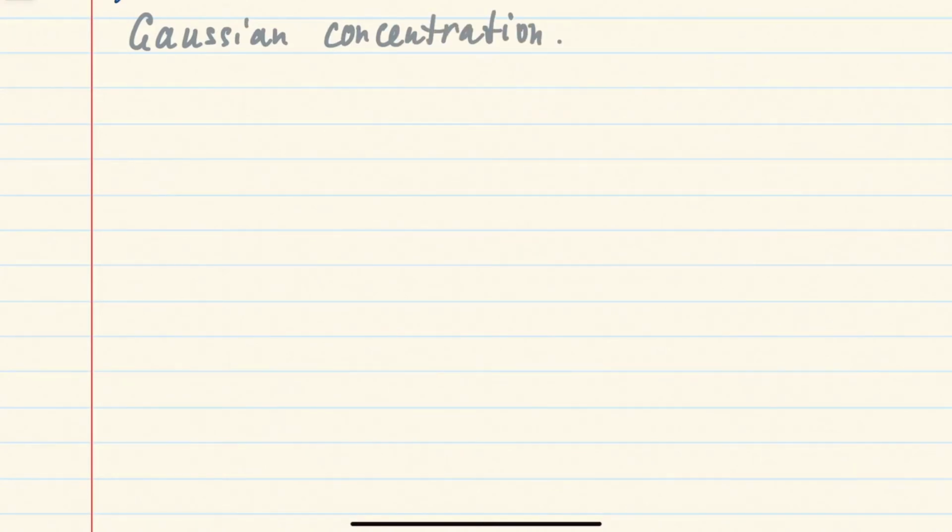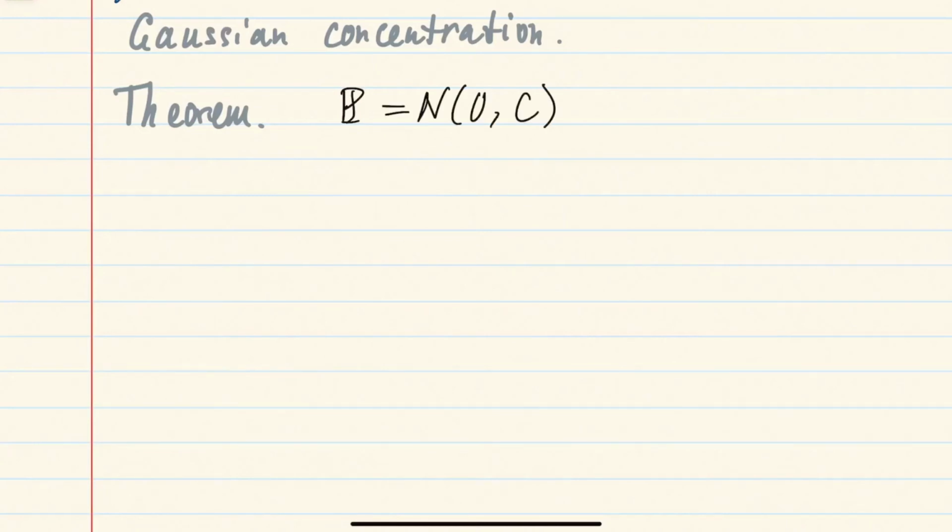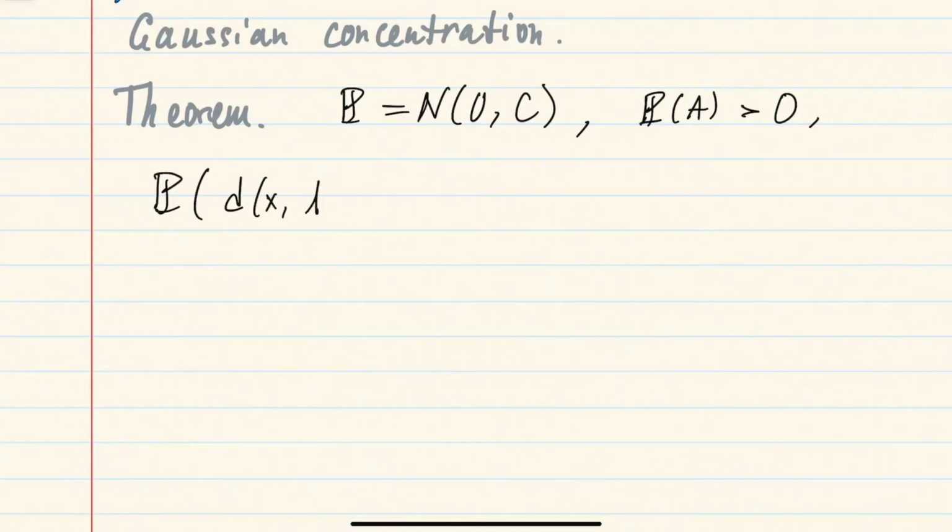Okay, let me remind you that the theorem that we are trying to prove is that when our measure P is the Gaussian measure with covariance C on R^n, and you take some measurable set A with a positive measure, then the probability of the set of x's which are at least at a distance t from the set A will become small very fast with this distance t, right?